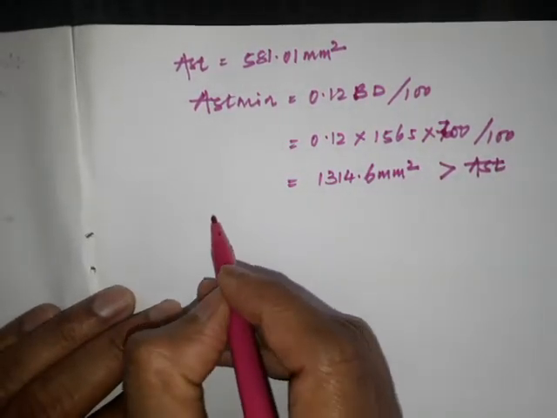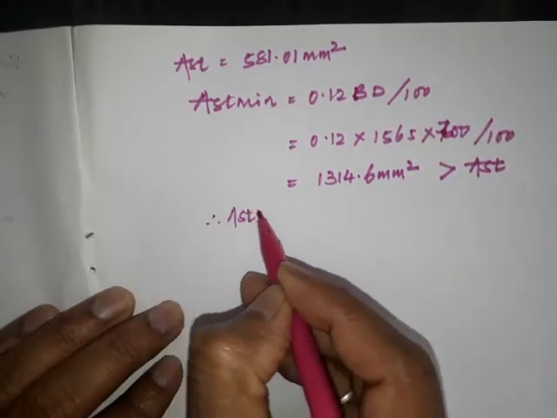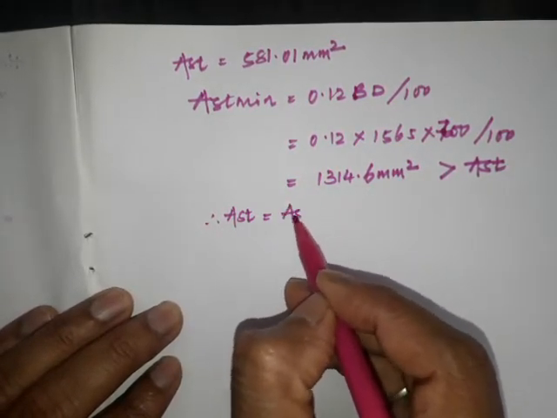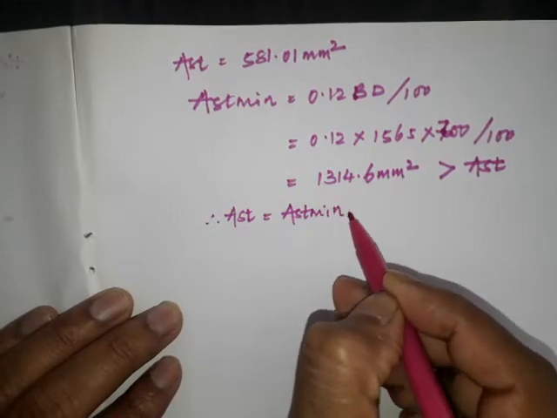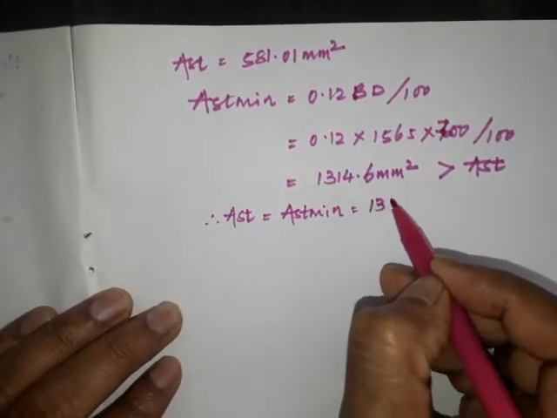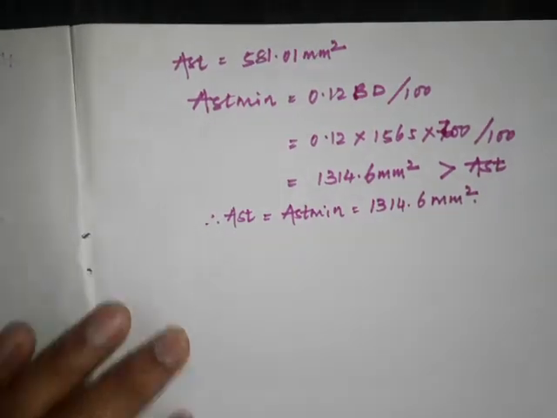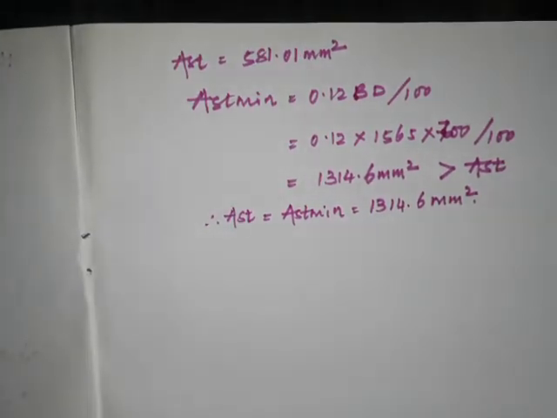So therefore AST is equal to AST minimum, that is 1314.6 mm square.